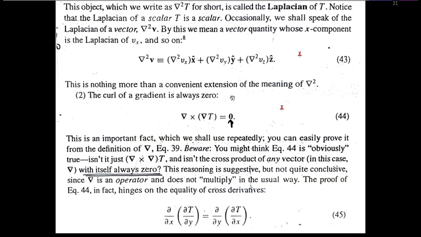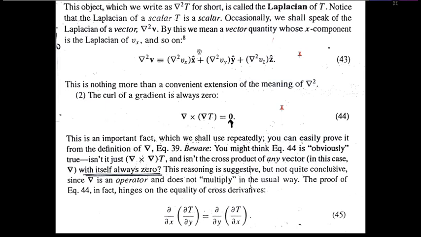And over here we have seen that the object we write as del square t for short is also well known as the Laplacian of t. What is the Laplacian of t? That means it is a divergence of a gradient.